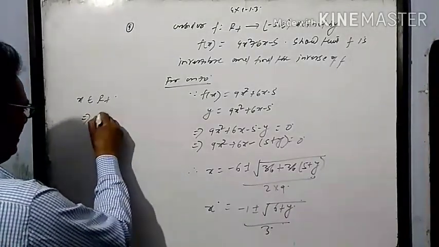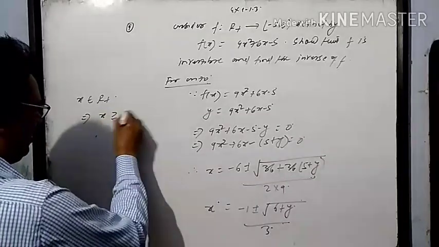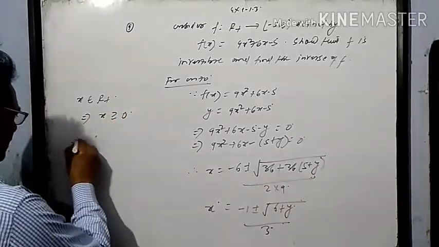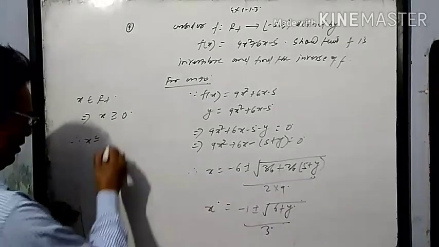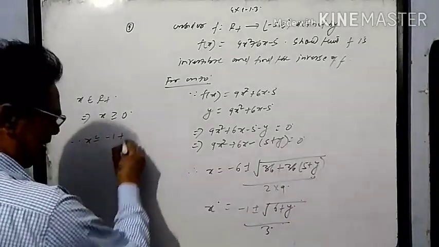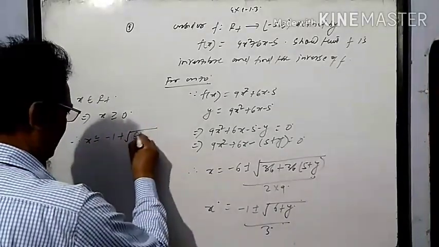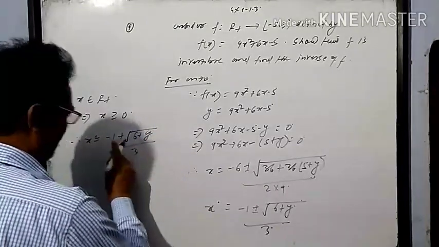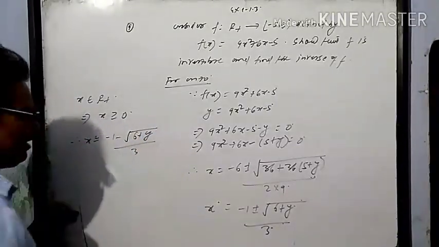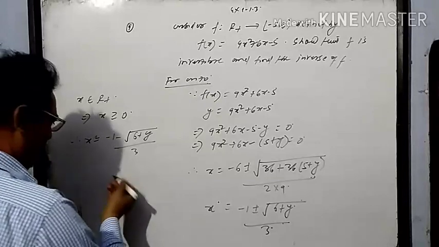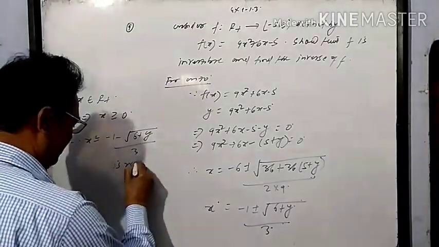This implies that x is greater than or equal to 0. Therefore, x = (-1 + √(6 + y))/3. The other root, (-1 - √(6 + y))/3, is rejected.